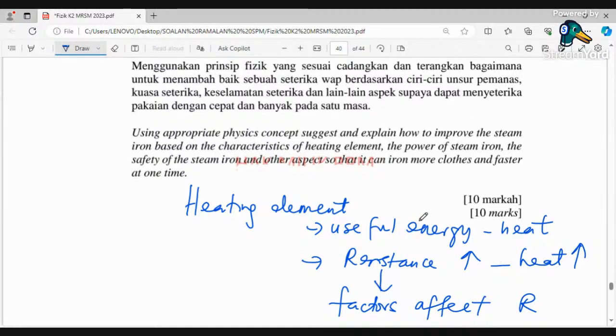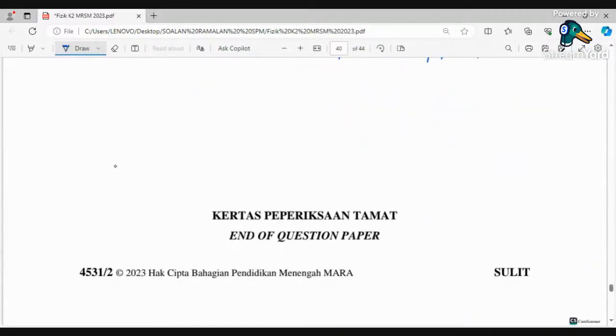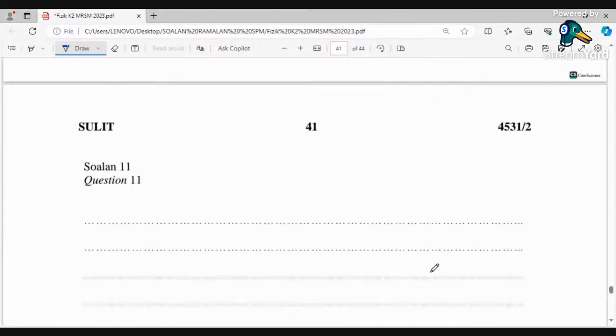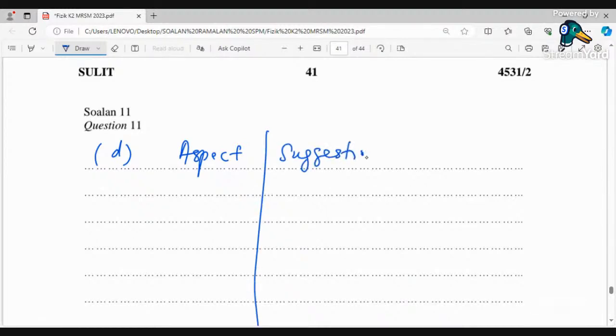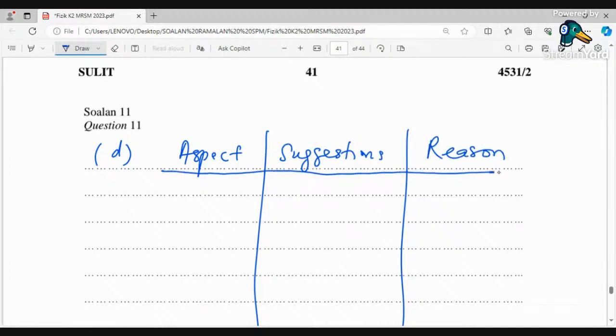Okay, so for this topic we look at factors affecting resistance. Likewise, we can make 3 columns. You can have aspect, your suggestion or modification, and then your reason or explanation. This is just to differentiate between questions number 9, 10 and also 11.